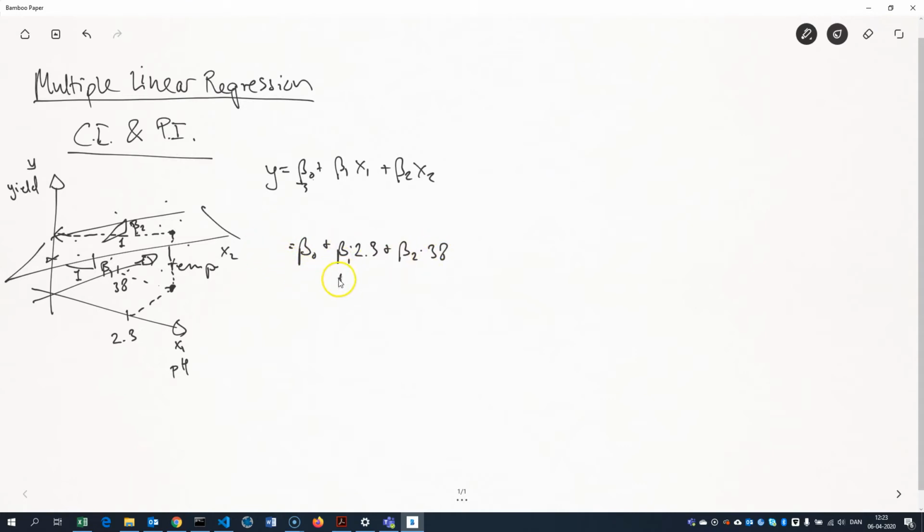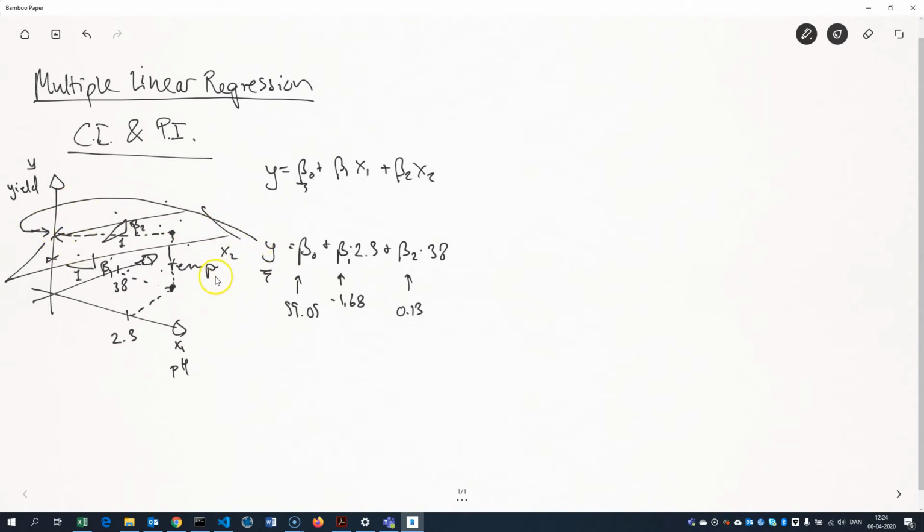And if I remember correctly, beta 1 is minus 1.68, beta 2 is 0.13, and beta naught is 59.05, doing the regression from the example from the previous videos. So we can use this to compute this number here, which is then this value here.